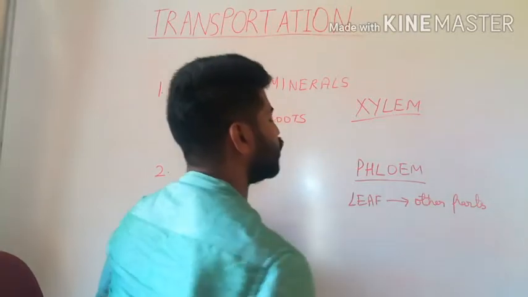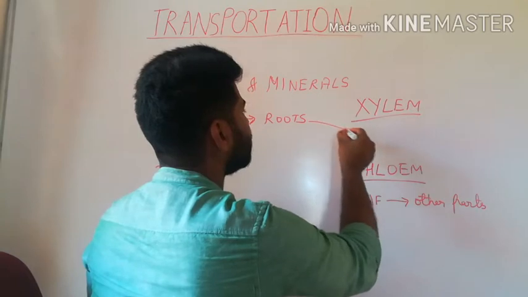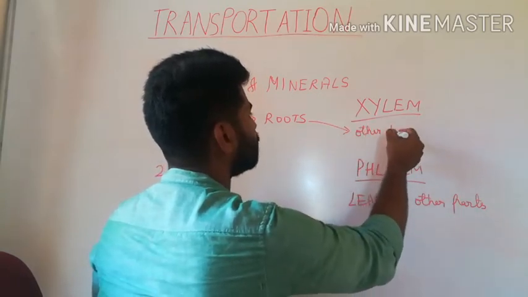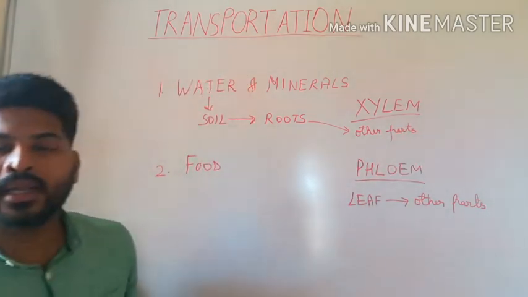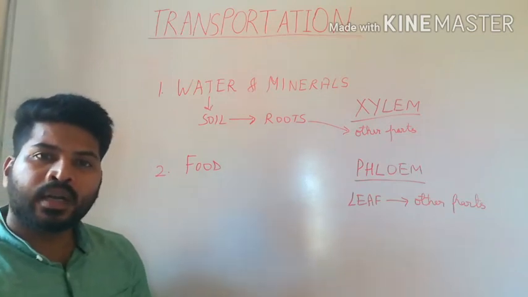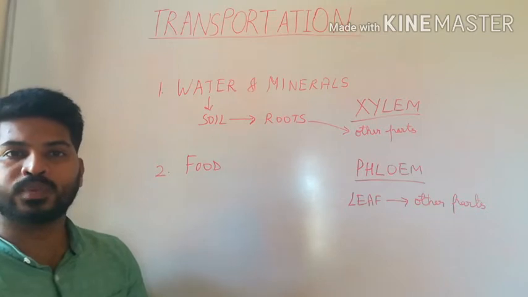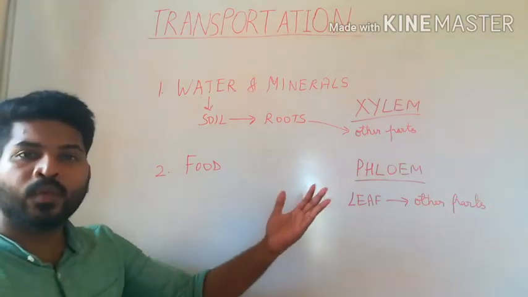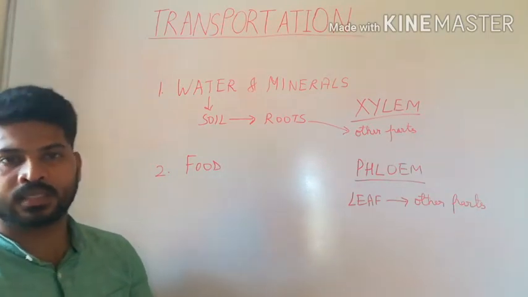Phloem is known as the food conducting tissue, whereas xylem is called the water conducting tissue. In xylem we have tracheids and vessels, which are mainly responsible for transportation of water and minerals, whereas in the case of phloem we have sieve tubes and companion cells.